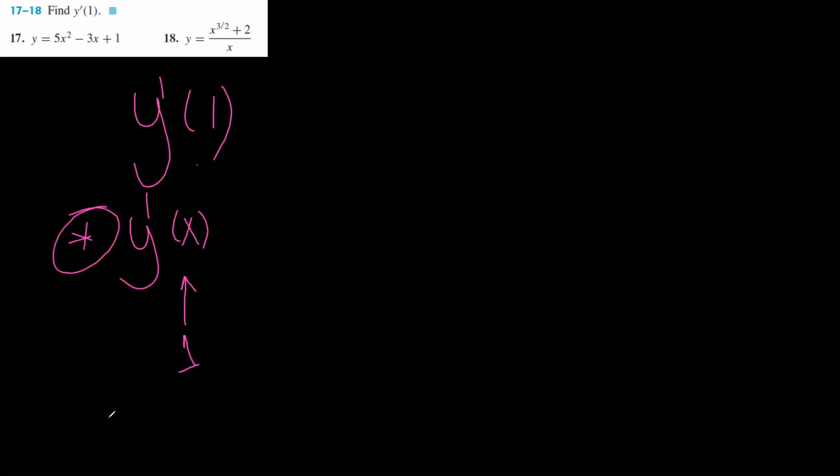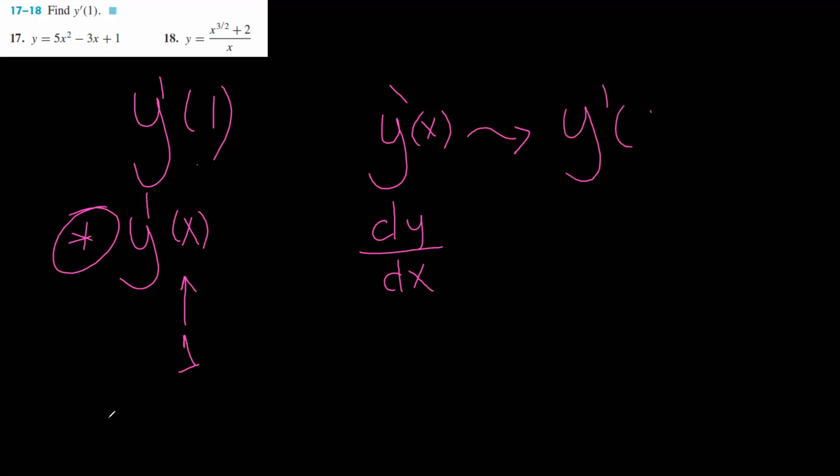Also, if you see y prime of x or dy over dx, both of them mean I'm talking about the first derivative. If I want to write it using y at point 1, you will say it is y prime of 1.